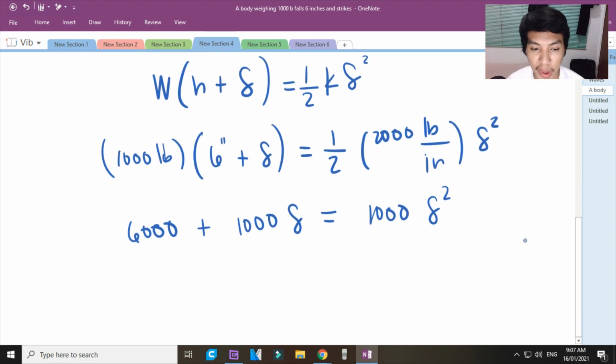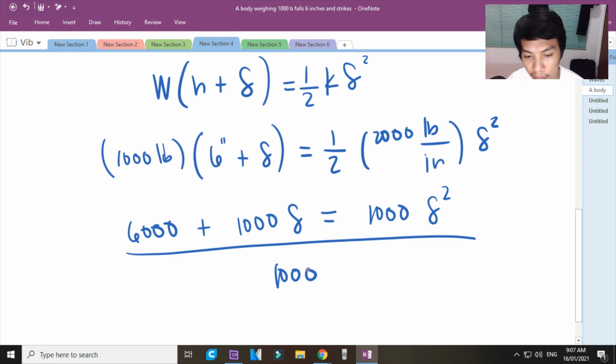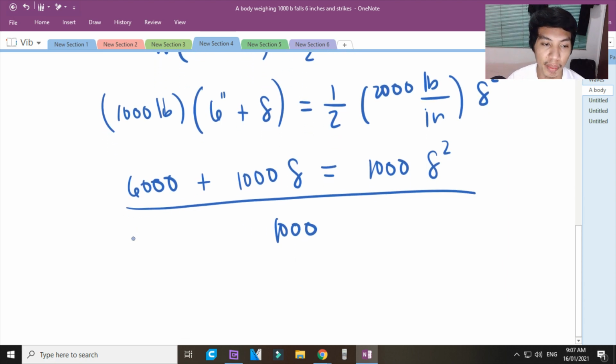Ngayon, makikita nyo, pwede siyang i-divide both sides by 1,000. Okay? So, 6 plus yung deflection, tapos deflection is squared.